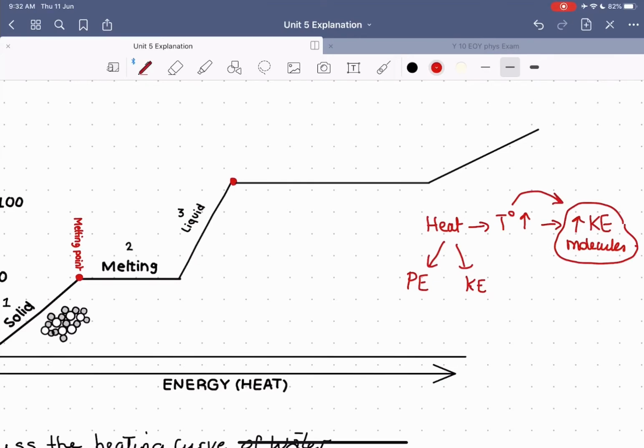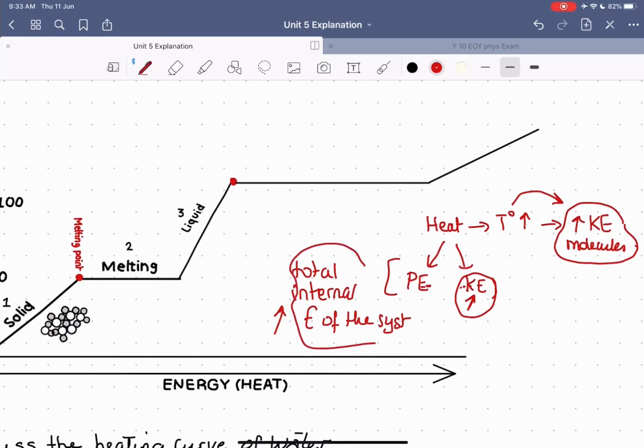Since kinetic energy is increasing, the total internal energy of the system will also increase. If we're increasing one factor out of two, then the whole system will also increase.